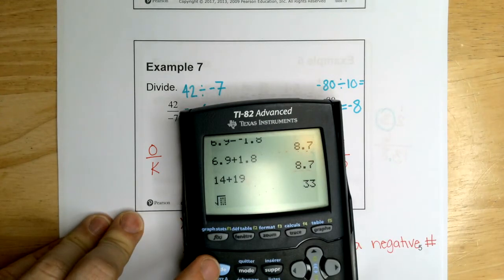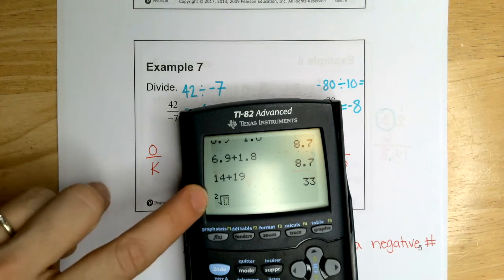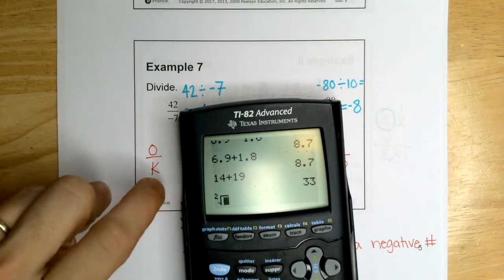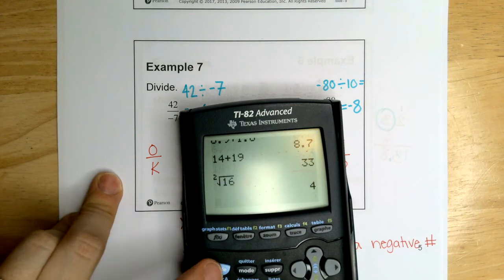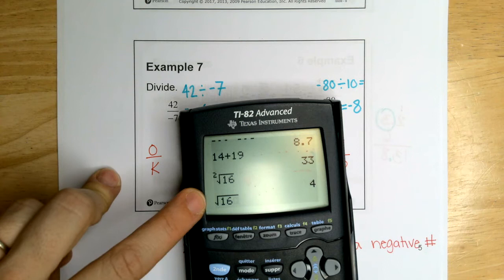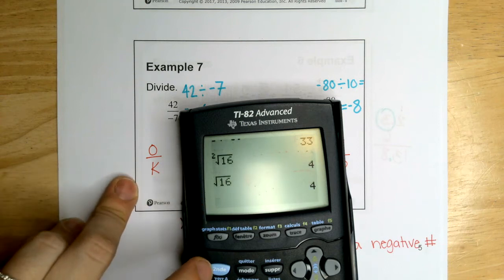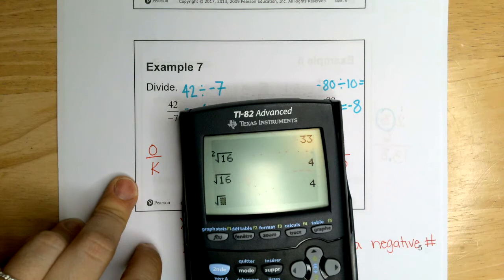So what that means is there's a little 2 up there. So the square root of 16 is 4, right? It's the most common one. So if you don't put any number here, we assume it's a 2 because 2 is the most common. You can also take cubed roots, 4th roots, 5th roots, 6th roots. So if the root you're taking is even, like 2, you cannot take it of a negative number.